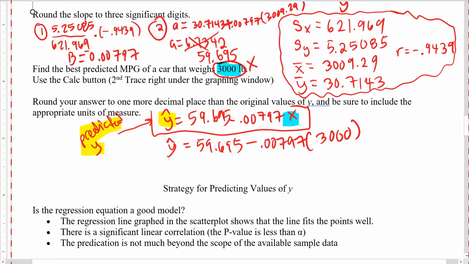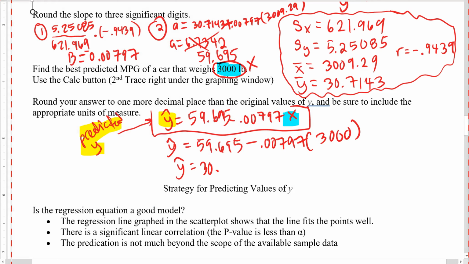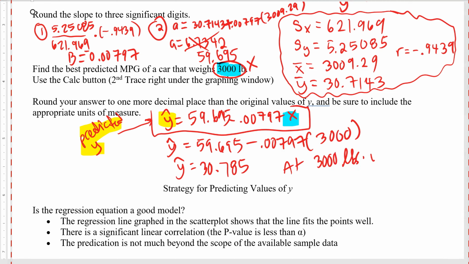That's our predicted Y hat was 30.785. So at 3,000 pounds, we predict a 30.785 miles per gallon.